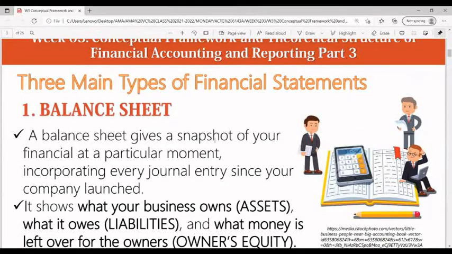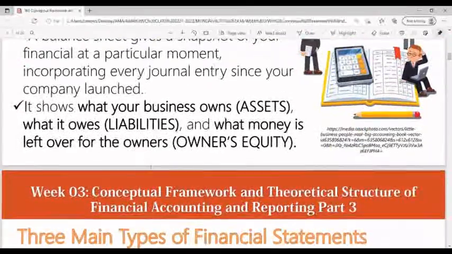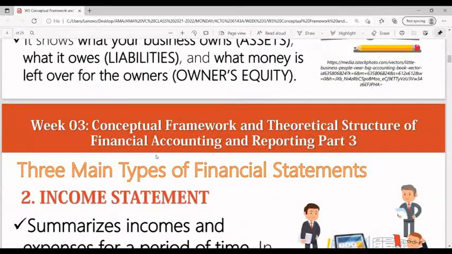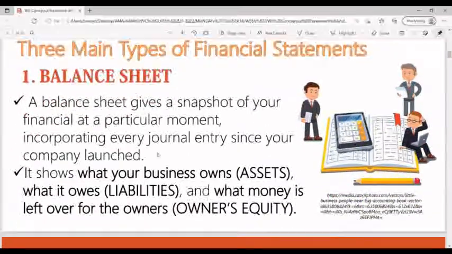The balance sheet gives a snapshot of your finances at a particular moment, incorporating every journal entry since your company launch. It shows what your business owns, assets, what it owes, liabilities, and what money is left over for the owners, or owner's equity. The three main parts of financial statements: the first is the balance sheet, the financial position.